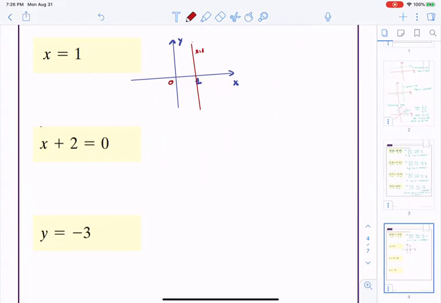We know a vertical line has undefined slope. So since x equals positive 1 is a vertical line, the slope is undefined.